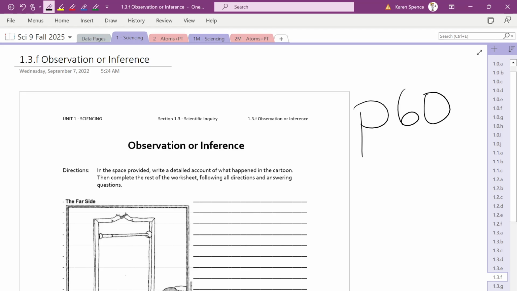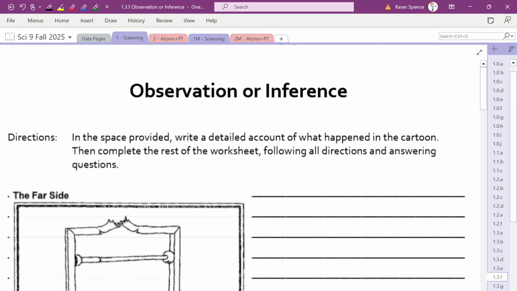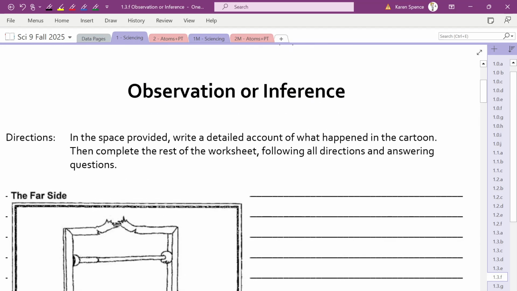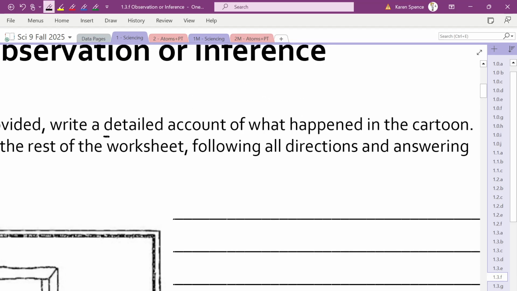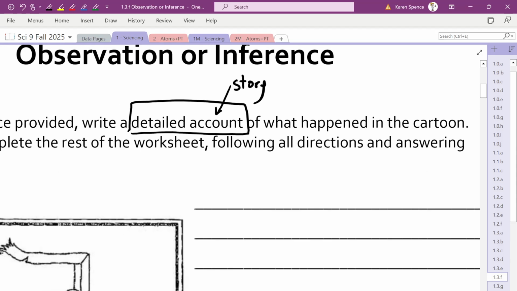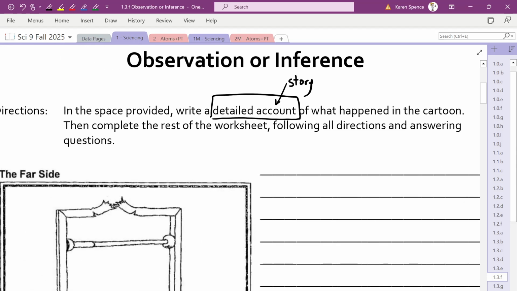So first thing you're going to do is take a look at this picture here, and write a detailed account or story of what happened in the cartoon. Once you're done that, we're going to complete the rest of the worksheet.